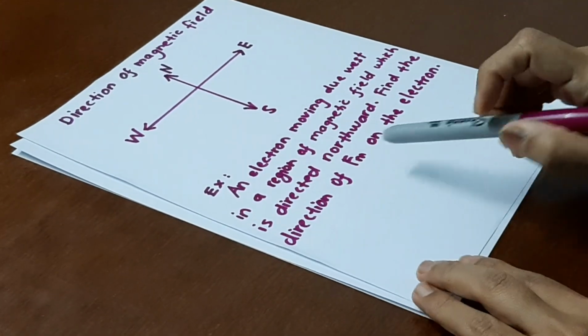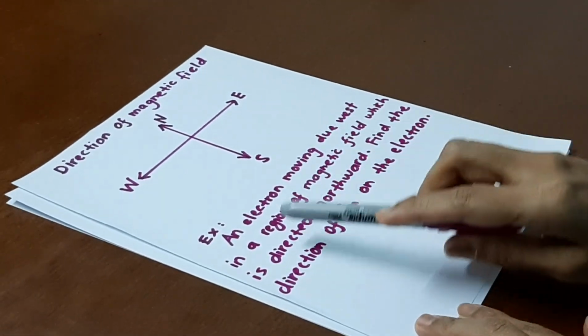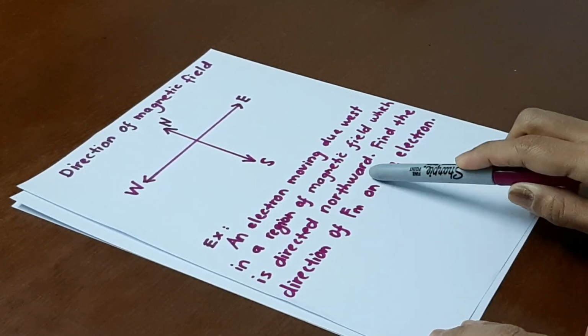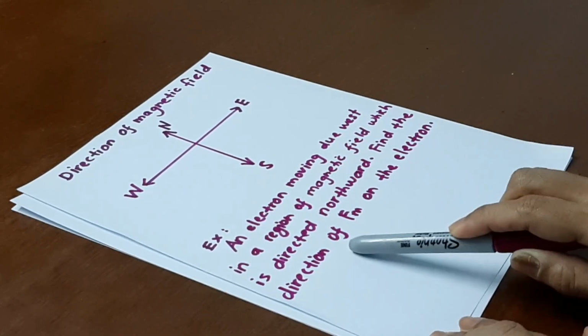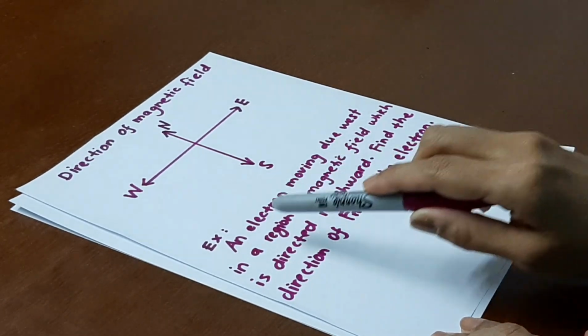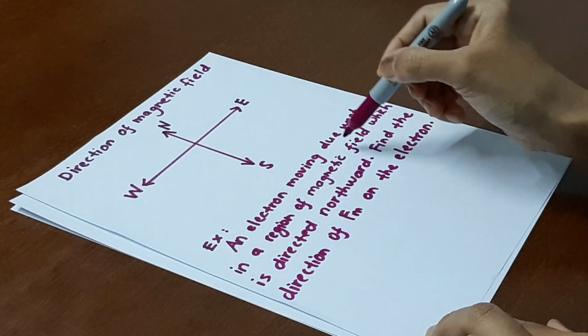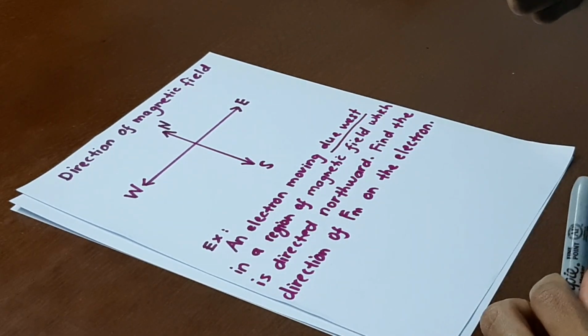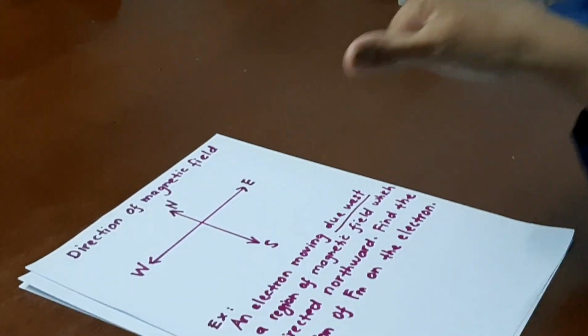Further exercise. An electron is moving due west in a region of magnetic field which is directed northward. Find the direction of magnetic force on the electron. The electron is moving due west, meaning your thumb must be directed to the left.